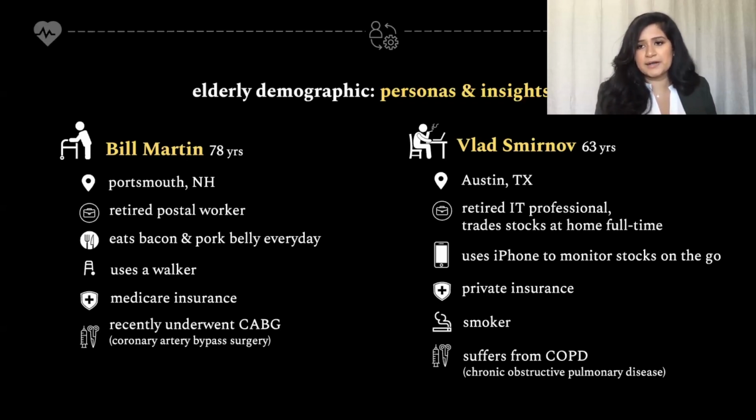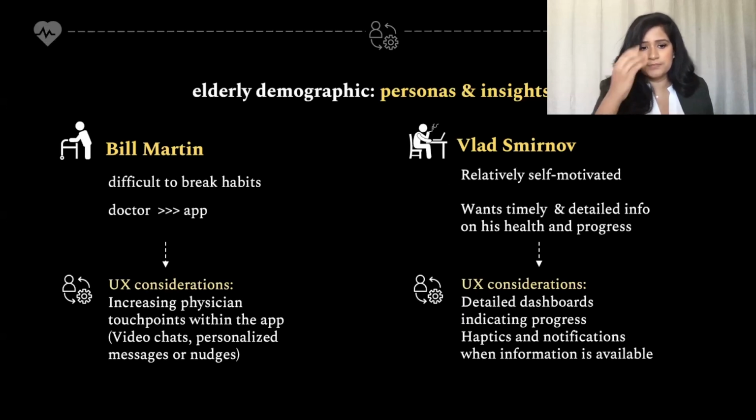If you think about Vlad as a person, he's also old, but he's relatively more tech savvy than Bill, just because of his prior professional experience and the fact that he continues to be engaged with technology by monitoring stocks and doing his thing as part of his retired life. So I think it's interesting to call out some of the unique insights that we can derive from two pretty contrasting personas in this age demographic.